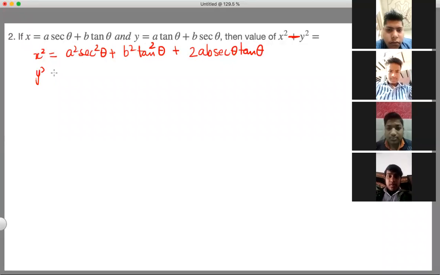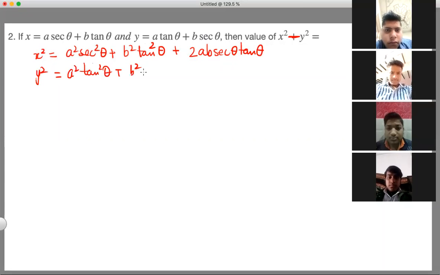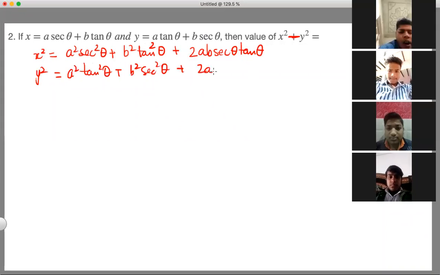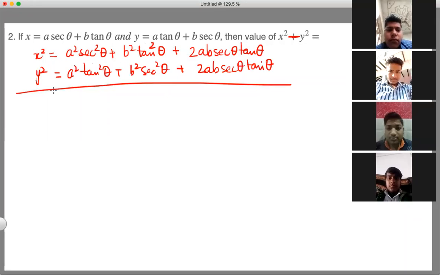Similarly y square will be a square tan square theta plus b square sec square theta plus 2ab sec theta tan theta. So we will subtract the two equations to get x square minus y square. These two terms will get cancelled out and we will be left with this.